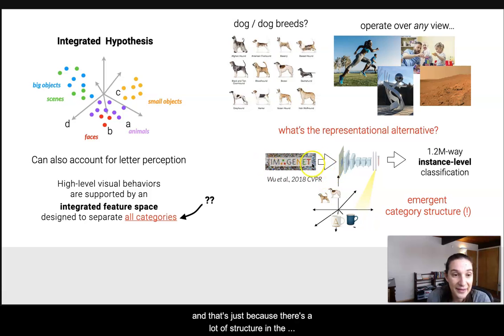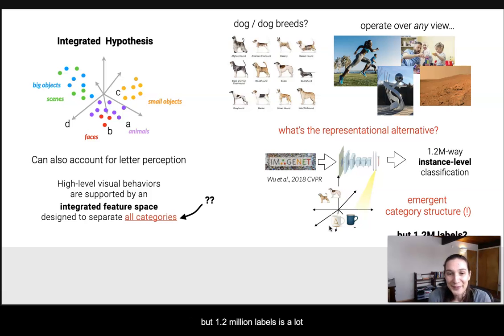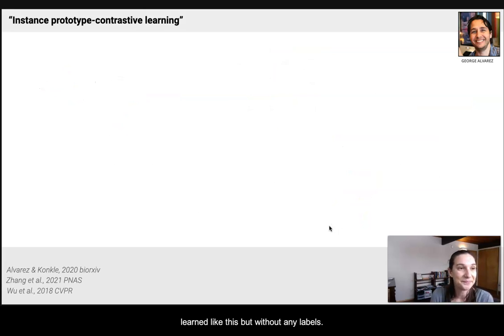And that's just because there's a lot of structure in the world, and the prior of the deep convolutional neural network helped to discover that emergent structure. But 1.2 million labels is a lot. So what we wanted to do was try and make a model that learned like this, but without any labels.